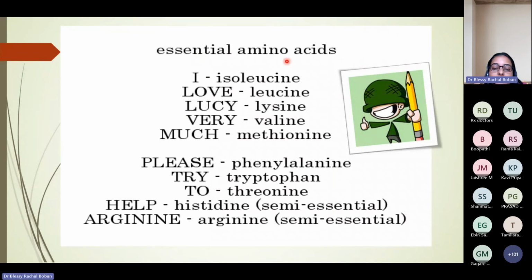If they are asking which of the following is an essential amino acid except, many candidates will be ignoring the word except, E-X-C-E-P-T. Except means excluding. Always read the question thoroughly because at the end of the question they may give except. You might not be expecting that word. So never ignore it.